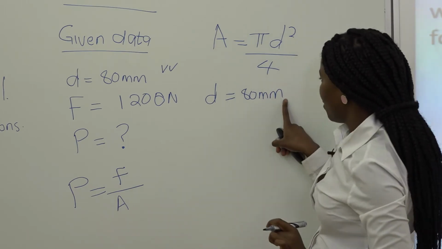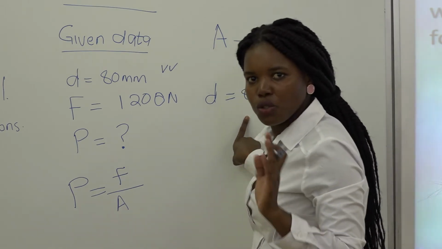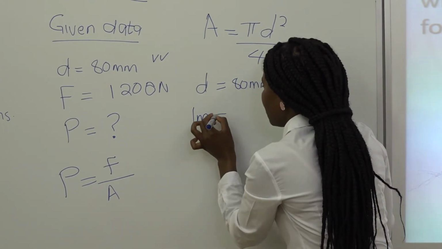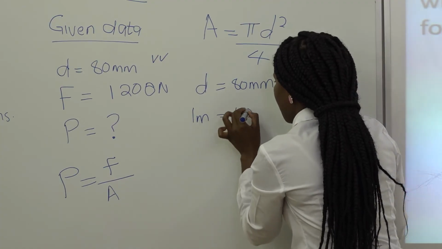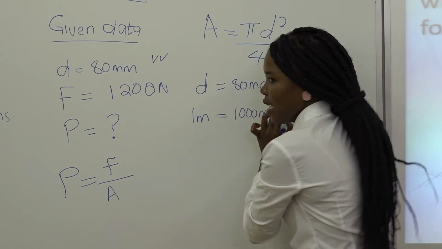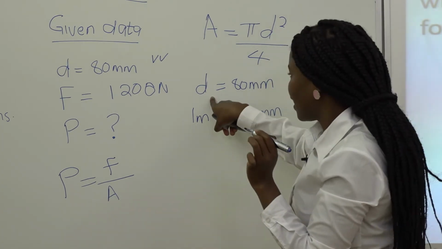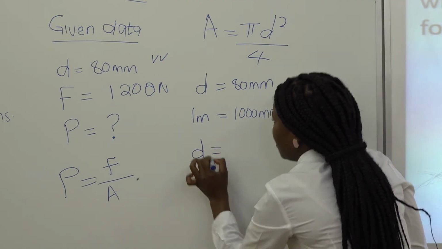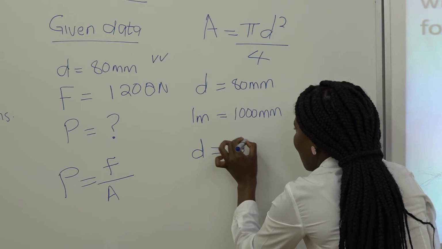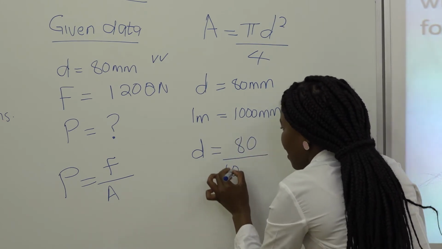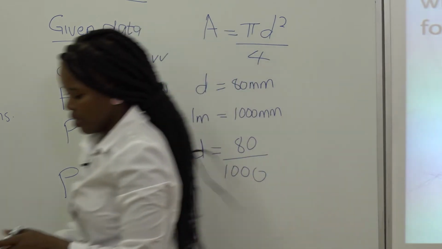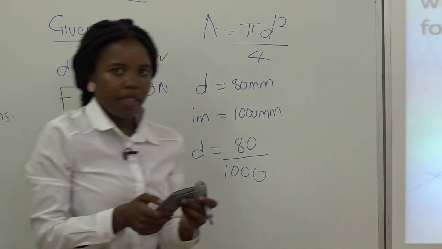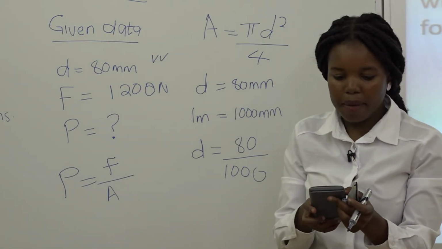Then now, first you must convert your millimeters to meters. And you know that 1 meter is equal to 1,000 millimeters. So if you want to convert the diameter, you will say D is equal to 80 divided by 1,000.